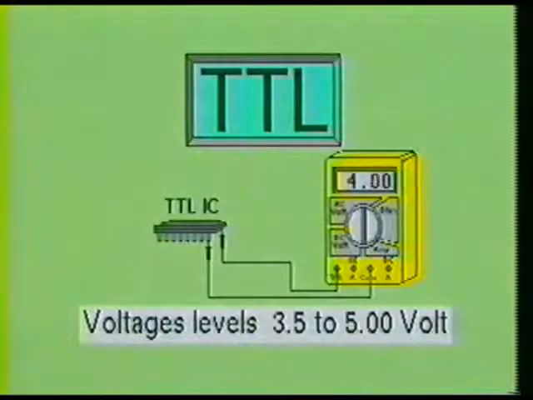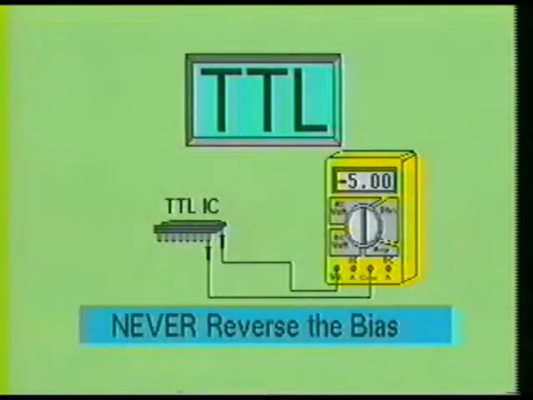The supply voltage for the TTL family will typically range from 3.5 to 5 volts. 5 volts is the maximum which should be applied to these logic devices. The TTL logic devices should never be subjected to a reverse or negative voltage. This could damage or even destroy the device.